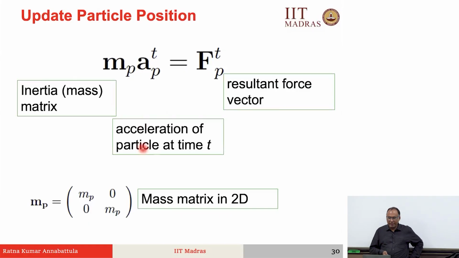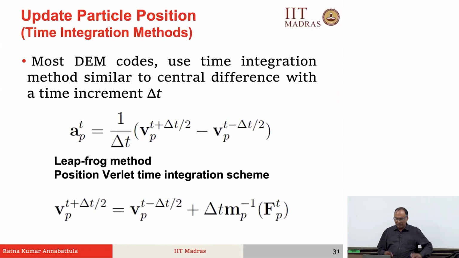So here M_P a_P is the mass times the acceleration of the particle at time t equal to the force, and typically your mass matrix, in 2D, if you have two accelerations, will be a lumped mass matrix. I do not want to get into how you create a lumped mass matrix and a consistent mass matrix. That is something you have probably learnt in your dynamics course, but precisely you will solve that.